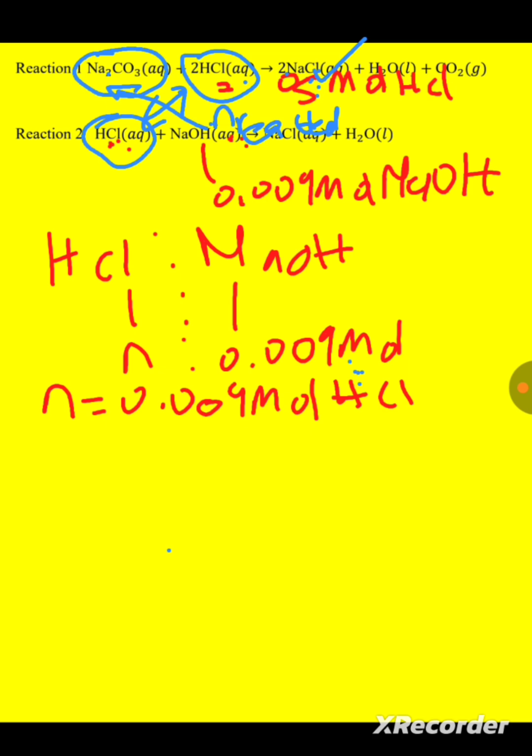So we are now going to say the number of moles that reacted for HCl is equal to the initial number of moles minus the unreacted or the leftover, in other words, the ones in reaction 2, the ones that are in excess.